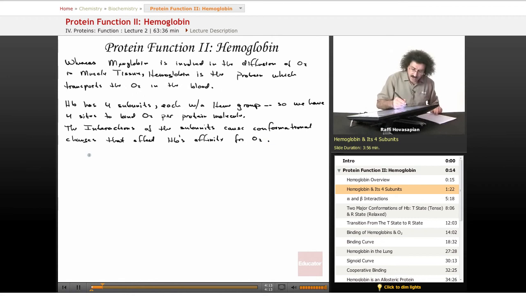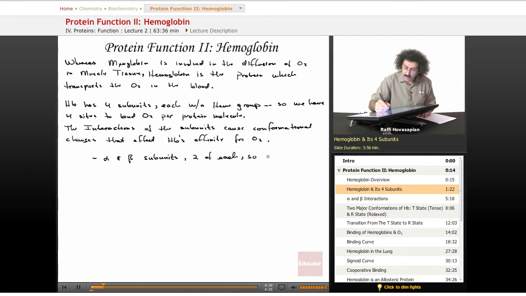Okay, so now hemoglobin has alpha and beta subunits. So it has 2 alpha subunits and 2 beta subunits, 2 of each. So we have an alpha 1, beta 1, and an alpha 2, beta 2.